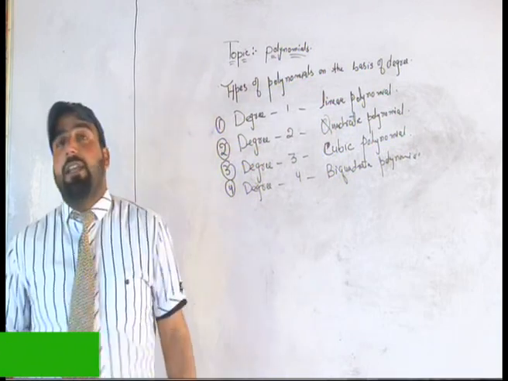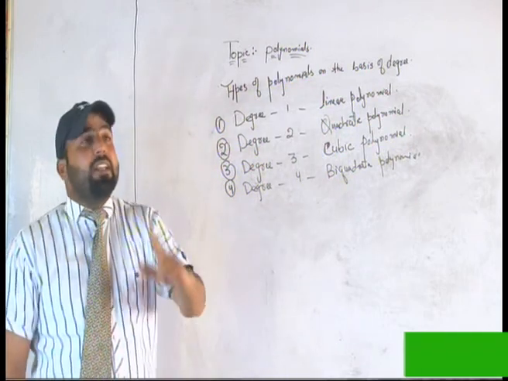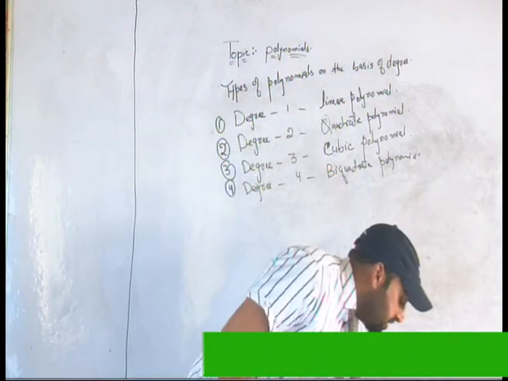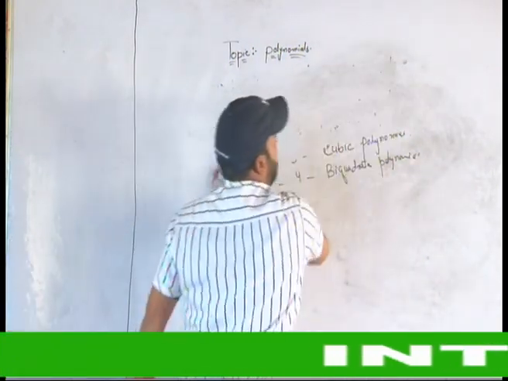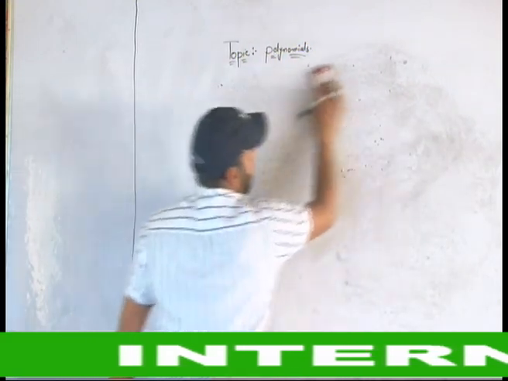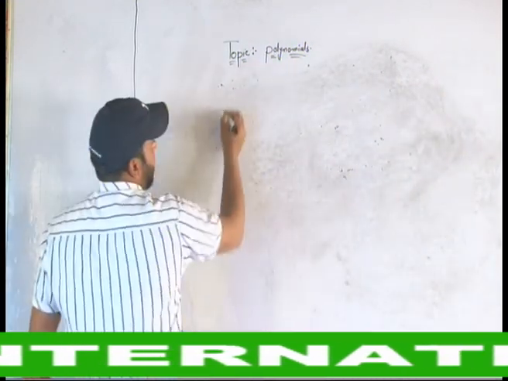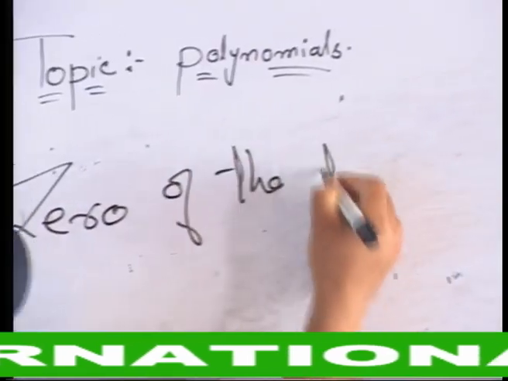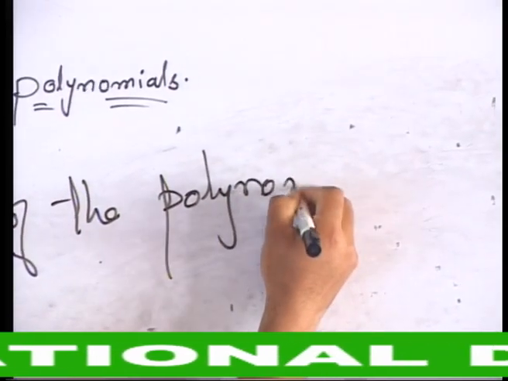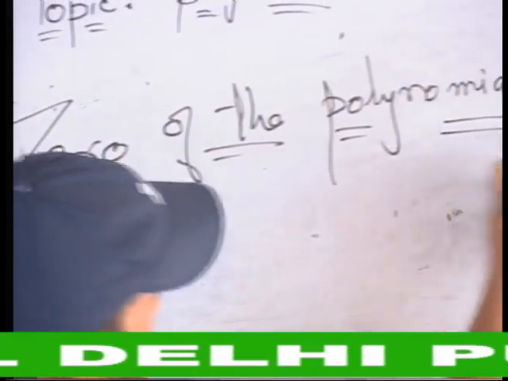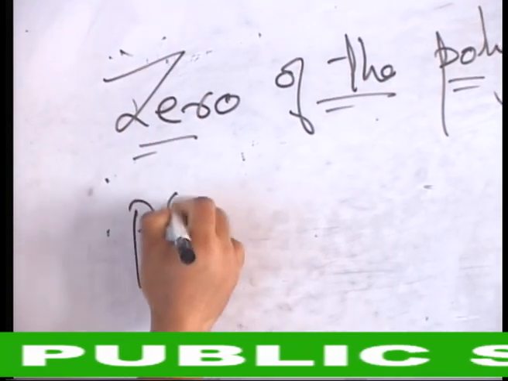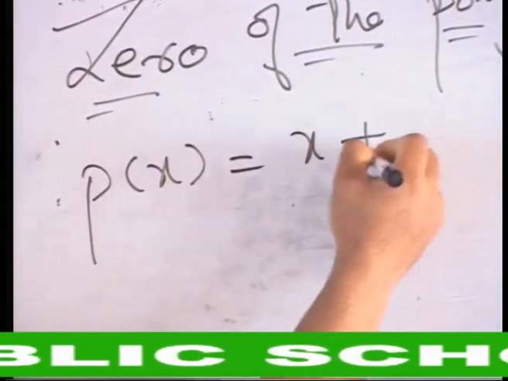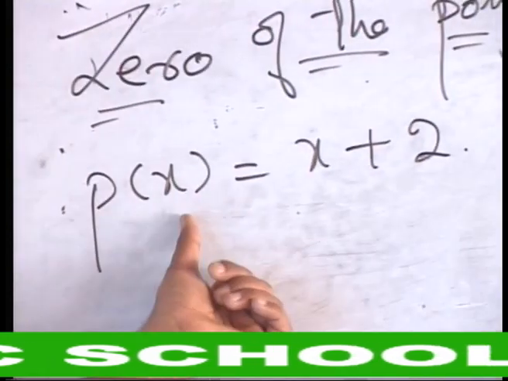Now the next concept is the zero of the polynomial. What is the zero of the polynomial? Let me explain that concept. Suppose I am taking the polynomial p of x equal to x plus 2.